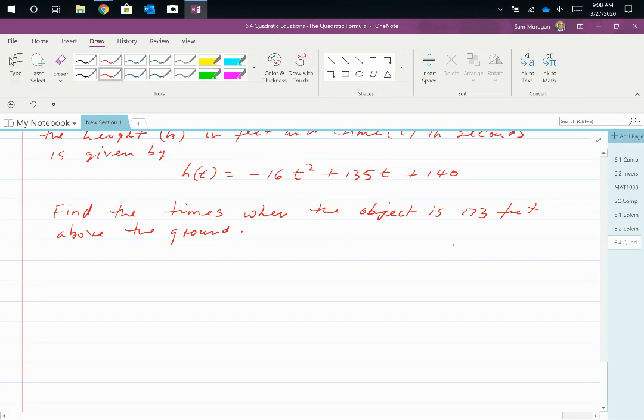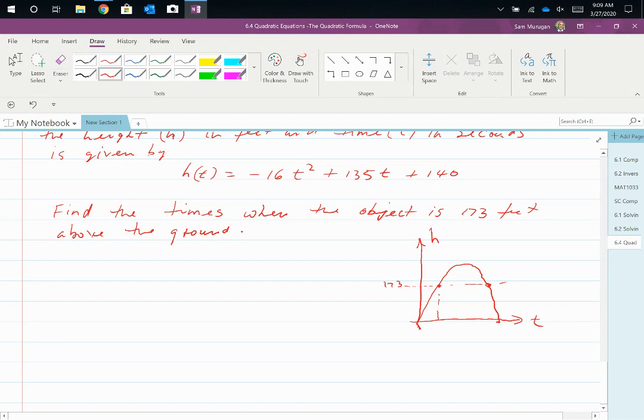So if we picture what's happening here, this is a parabola, and this is the graph because we're given a quadratic formula for it. The y-axis would be your height, and the x-axis would be the time t. And they're telling us that at some point this height is at 173 feet, and it's going to have two different times.